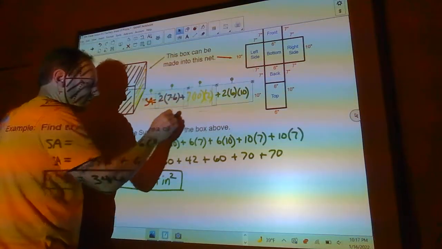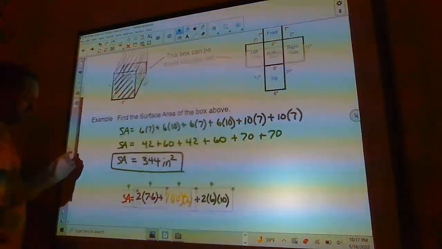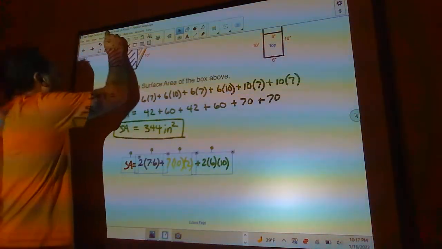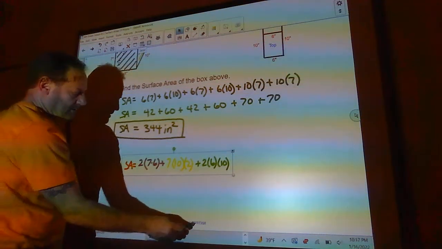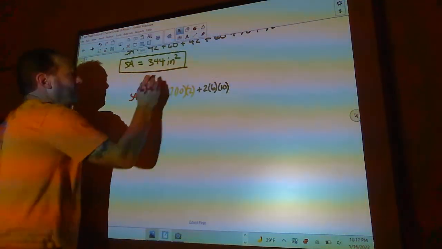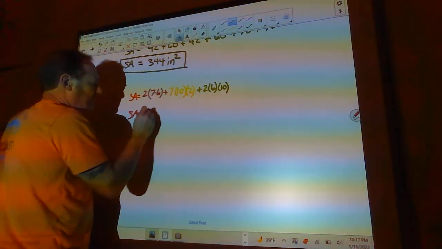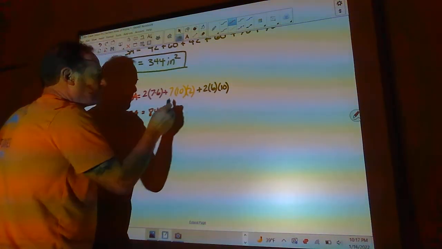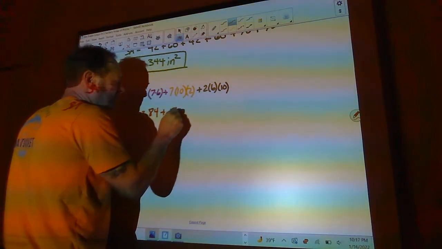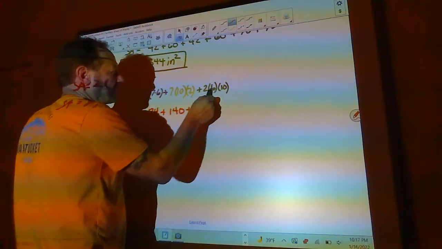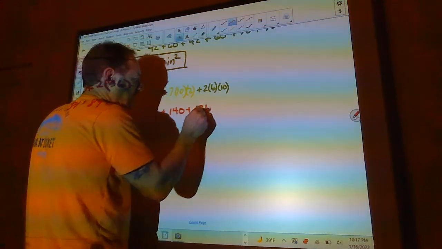Let's take this all down here. Okay, so what would this be? The surface area would equal 42 times 2 would be 84, plus 70 times 2 would be 140, plus 60 times 2 would be 120.